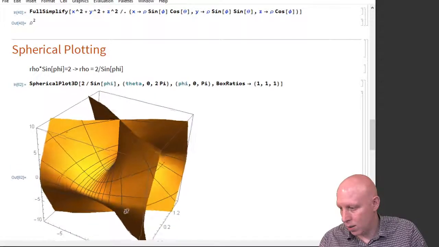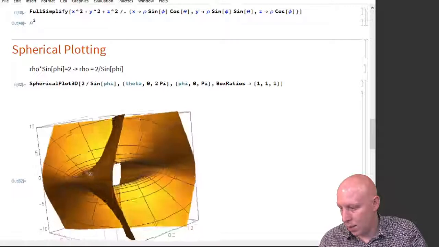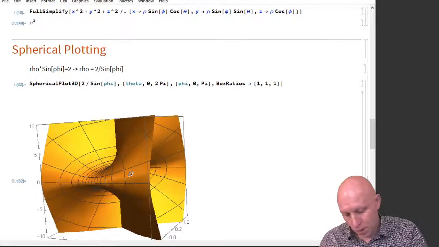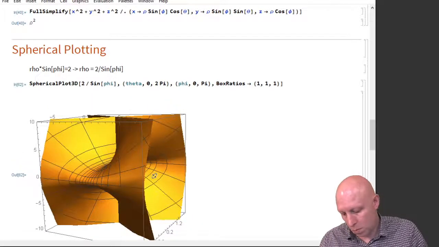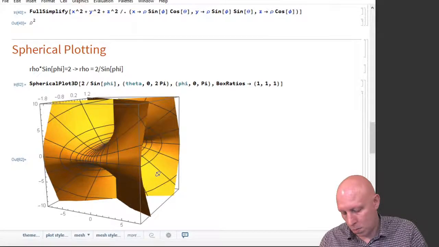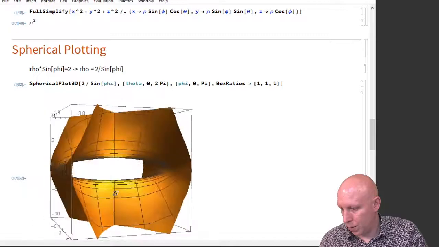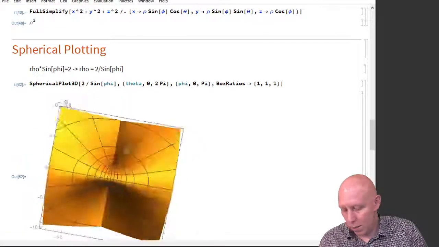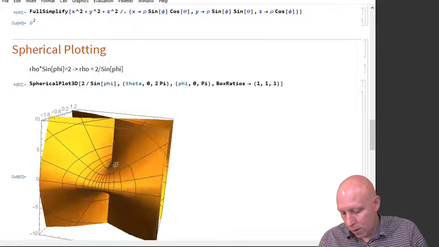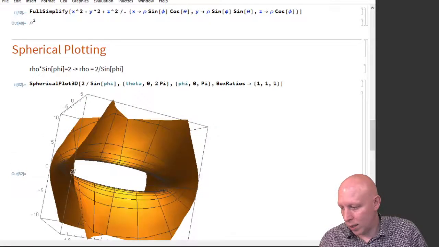Whoa. Well, that's not what I was expecting to get, since we expected rho sine of phi, which is r, equal to 2. We're expecting a cylinder.